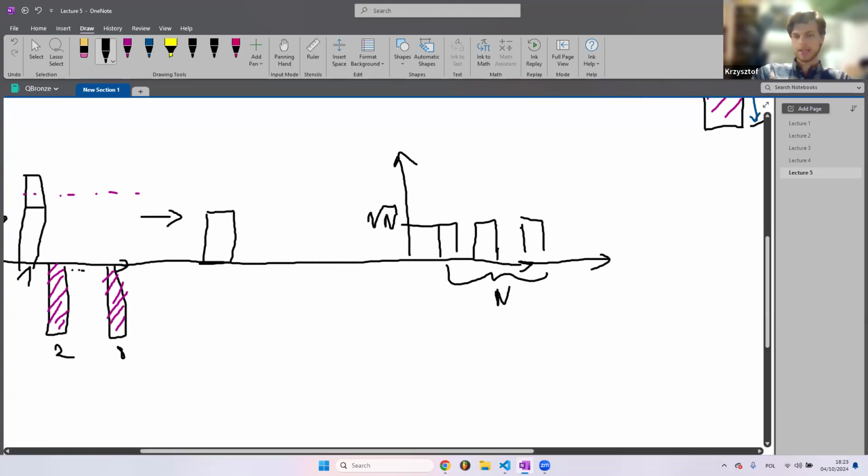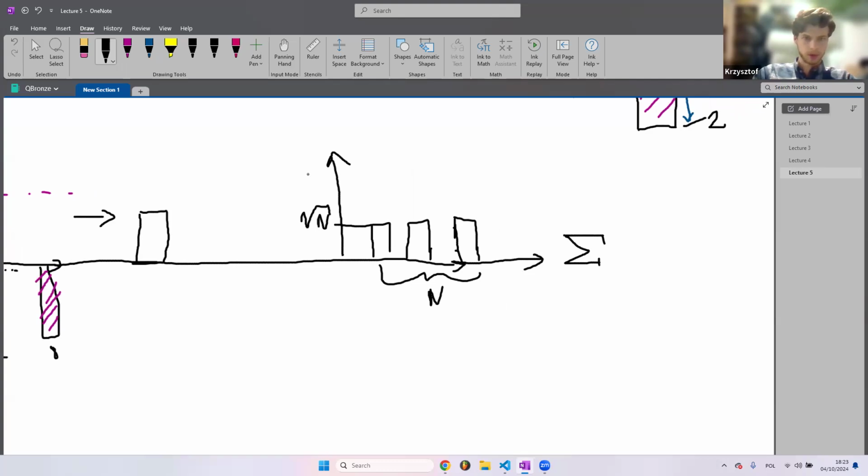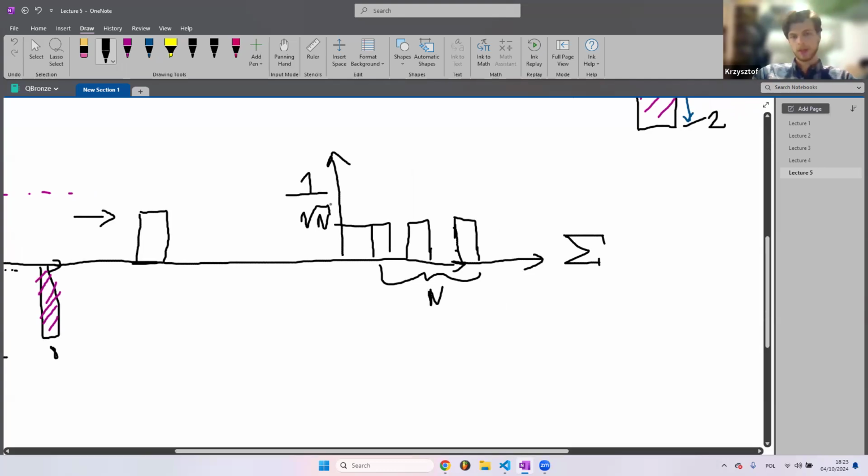And you can think of it as the probability amplitude of measuring each element. So you can verify this by writing the sum, and it should be 1 over n. This probability amplitude should be 1 over n.